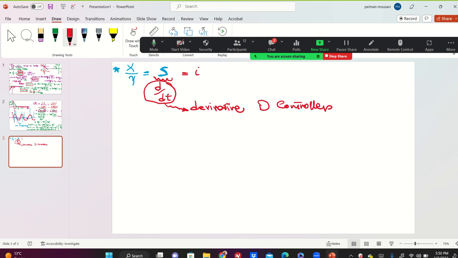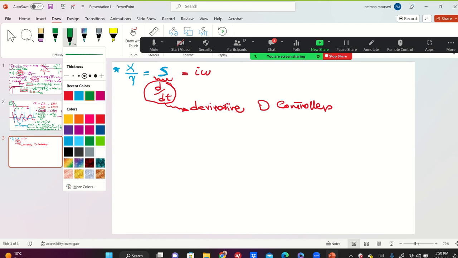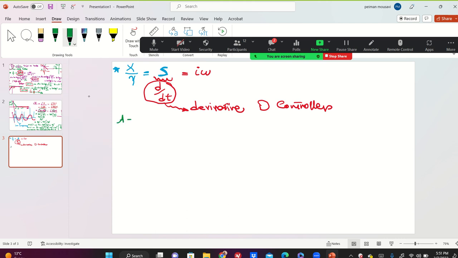So it's i omega. I just want to plot its Bode diagram. So A is going to be 20 log of omega, because its amplitude is the root square of this. We don't need to write that. So omega.